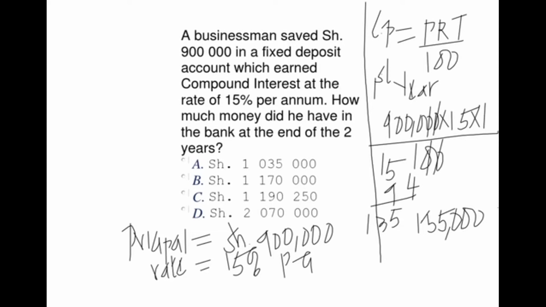So to 900,000, we are going to add the interest for the first year. So we have 135,000 plus 900,000. We'll have 0, 0, 0, 5 plus 0 is 5, 3 plus 0 is 3.